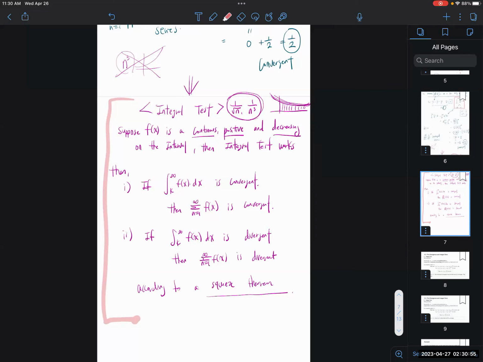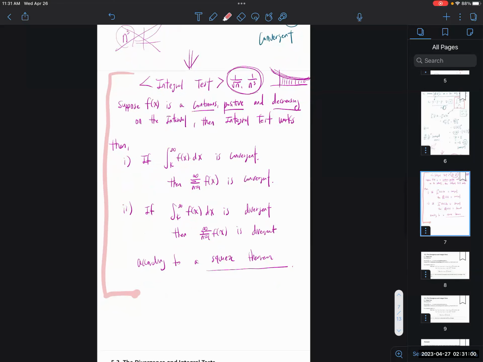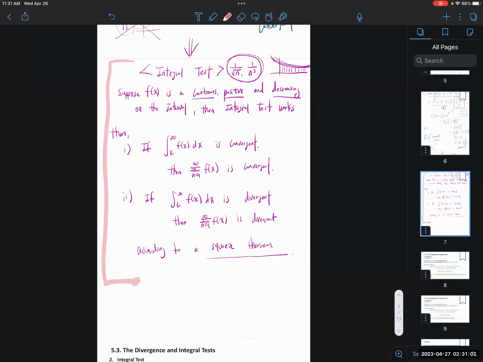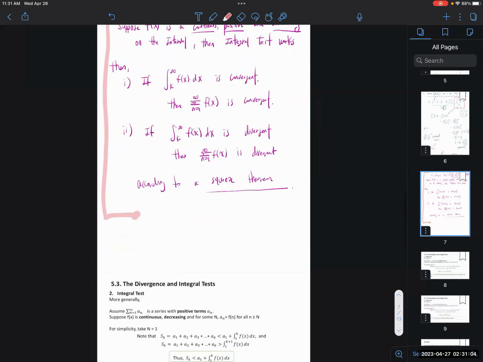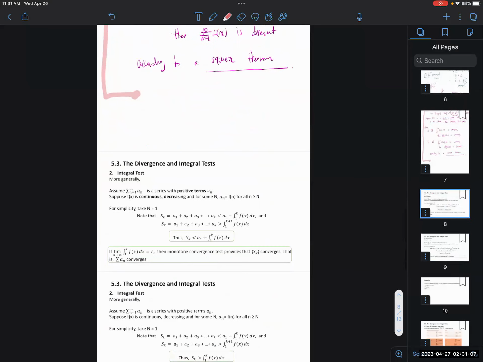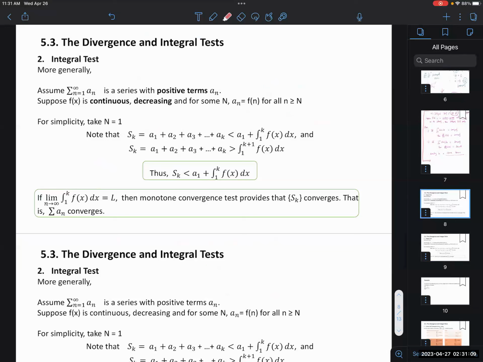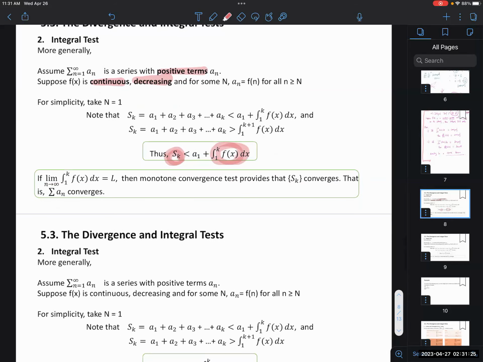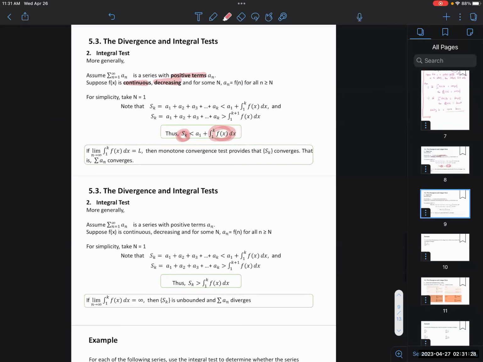The textbook has a little too much information, but let me show you the textbook version. Slowly. This is the same thing. They say assume that the function is positive, continuous, and decreasing. Then according to the squeeze theorem, if the integral converges, the series converges. If this is divergent, this is divergent. That's exactly what those two slides are saying.